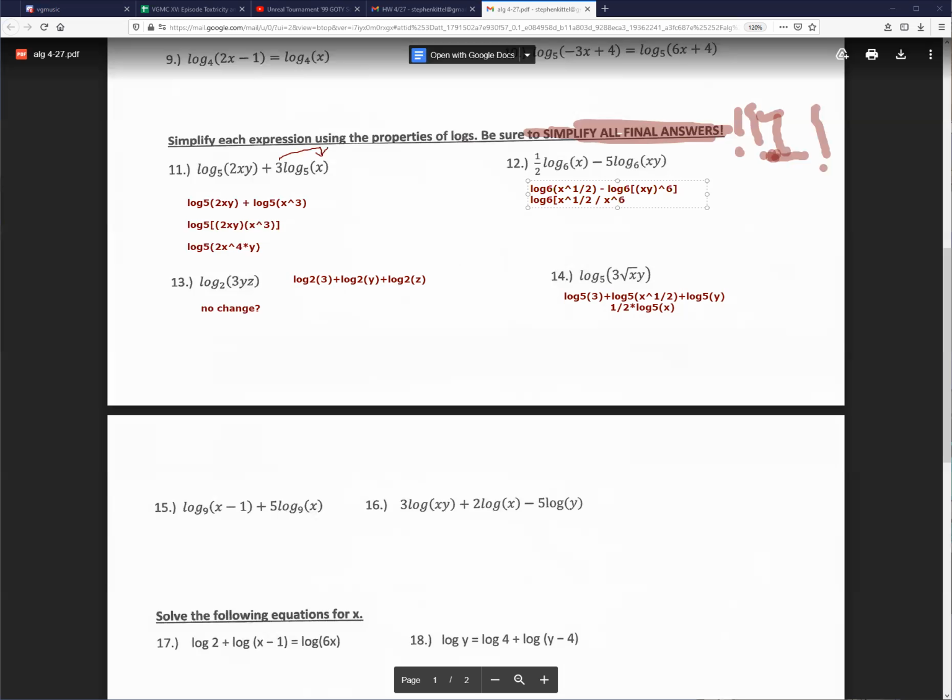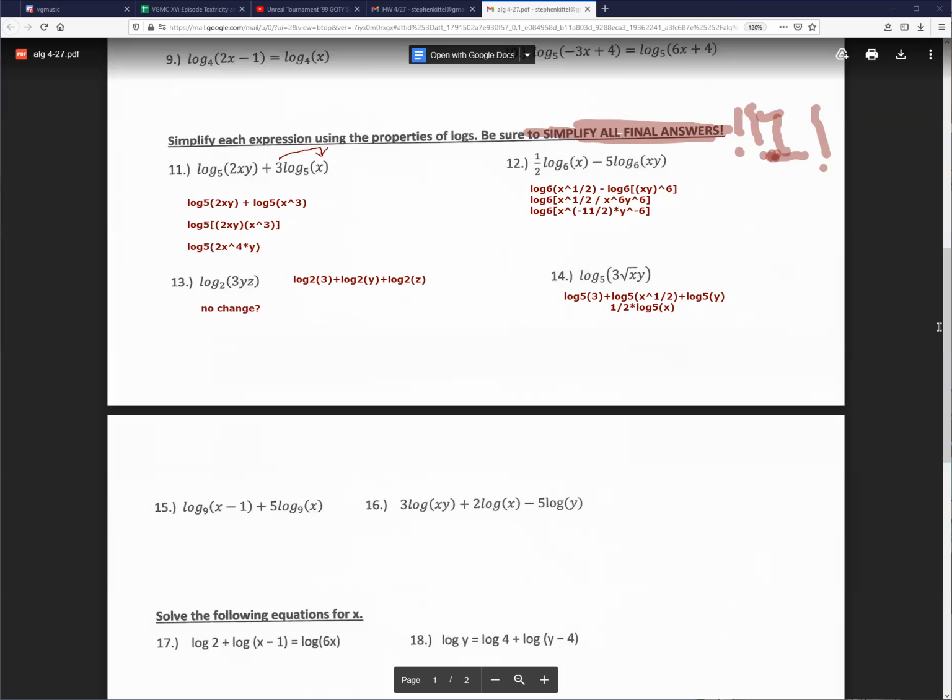I can type, I swear. So log base 6 of, let's see, that is x to the negative 11 halves times y to the negative 6th. Or you could just write it on the bottom of a fraction instead.